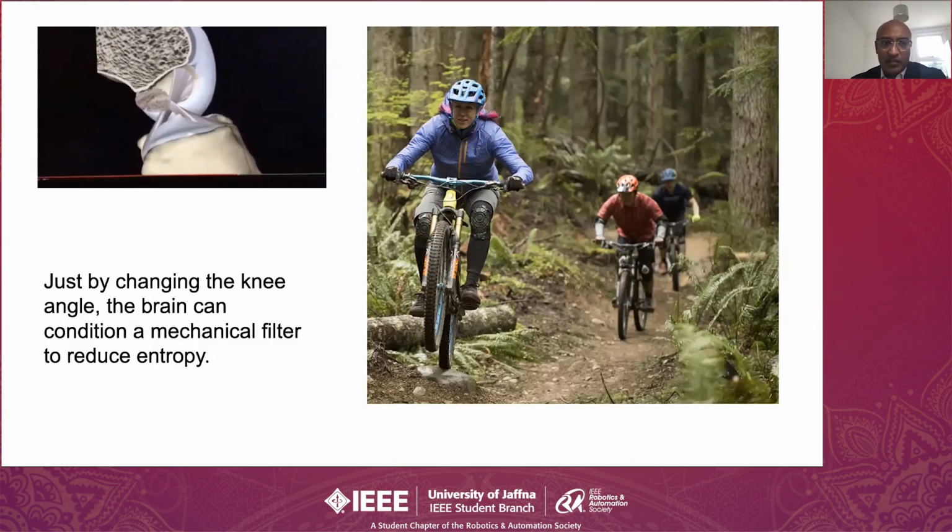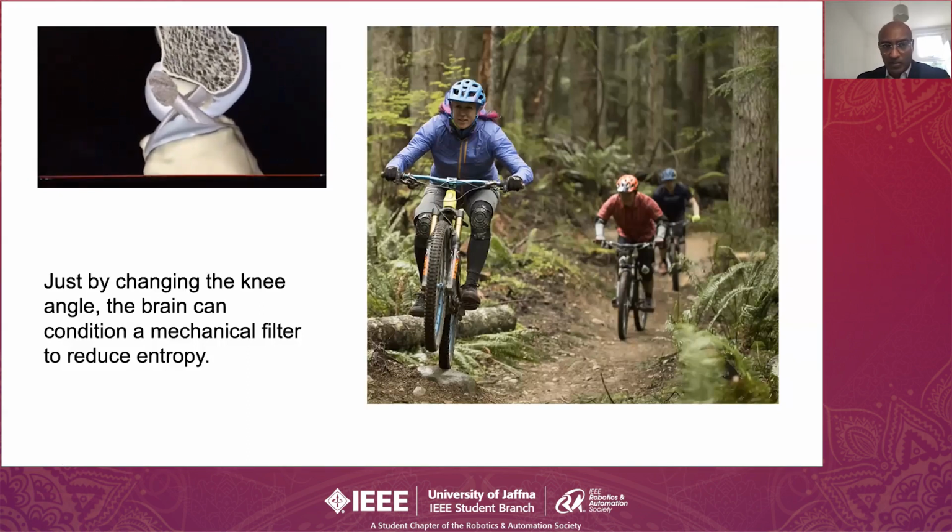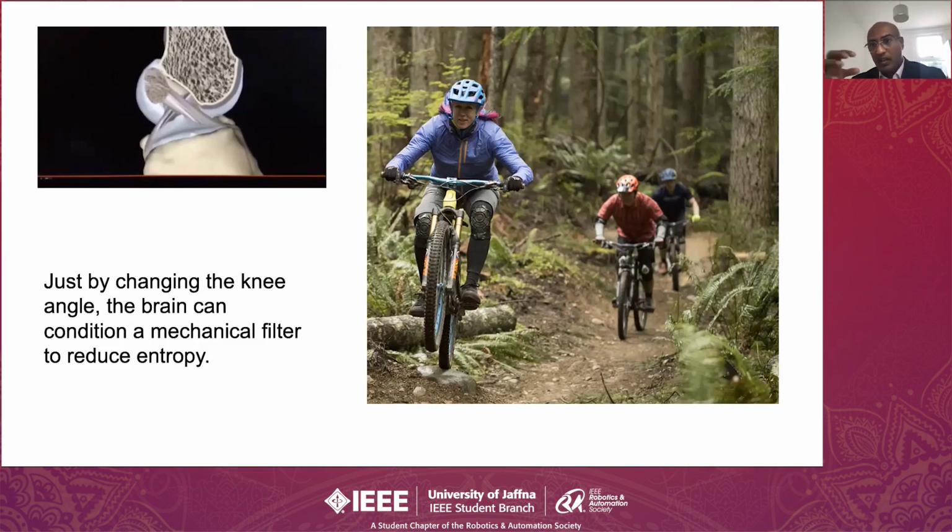So the brain can select the best damping coefficient by bending the knee a little bit, and that way it can implement a mechanical low pass filter, so that the knee joint filters out all the noisy components coming from the environment, and the brain doesn't have to deal with that kind of noise, right? And then the brain can just focus on the low frequency components of riding the bicycle.